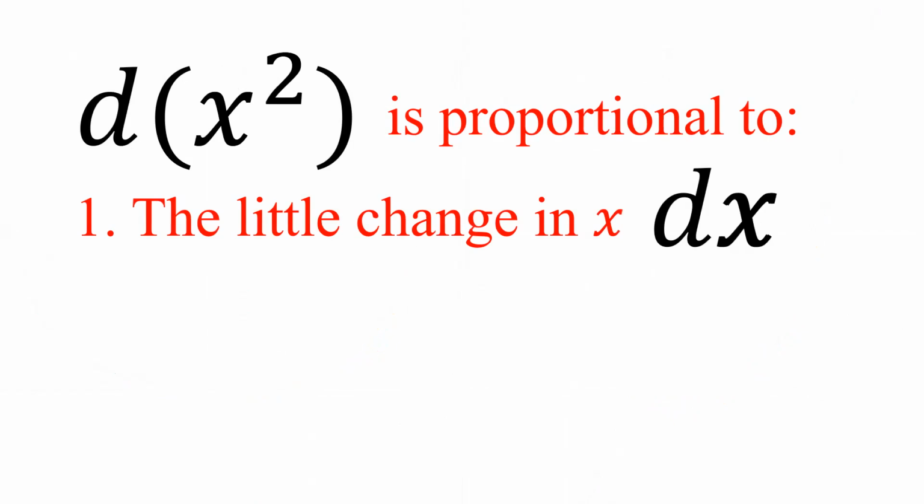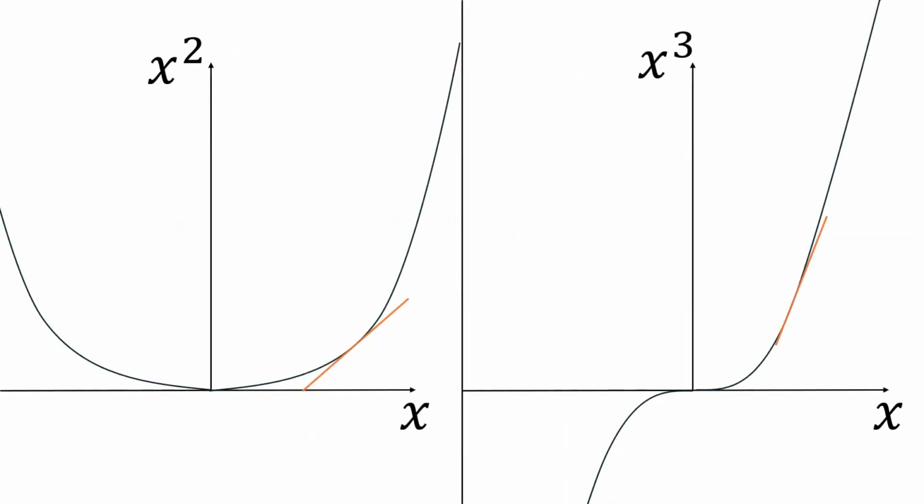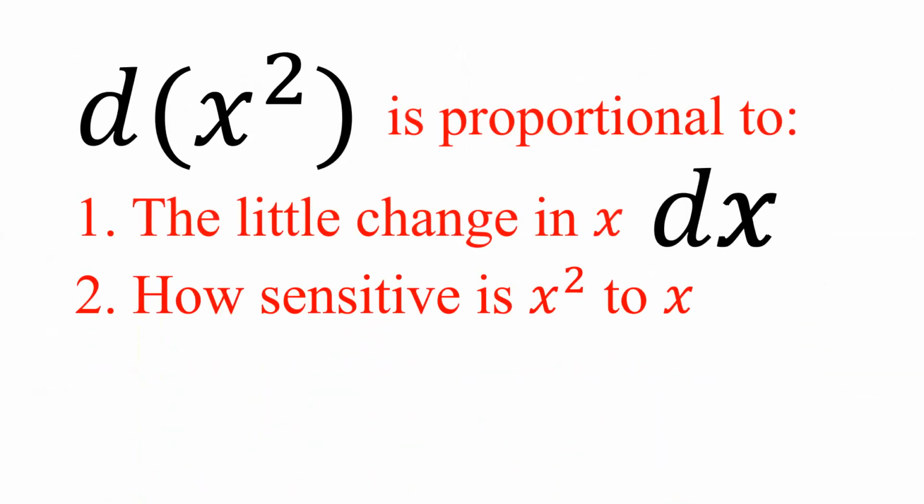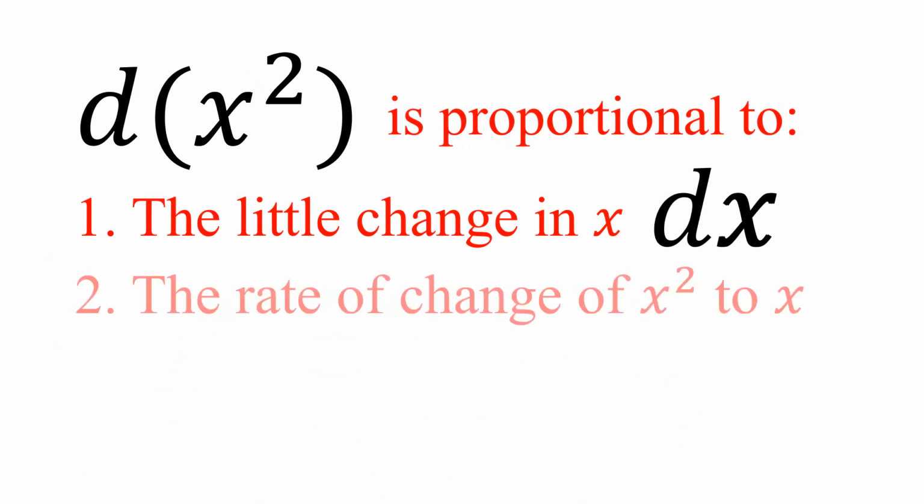And that could only be caused by something. Remember this thing? It's the steepness. The steepness of the graph, which means it is proportional to how sensitive x squared is to x. Or in other words, the rate of change of x squared with respect to x.